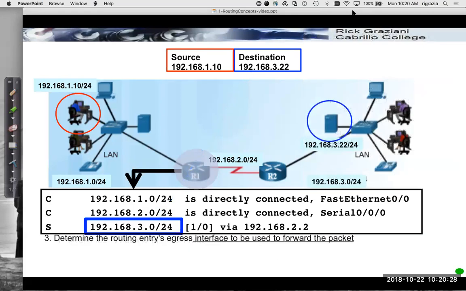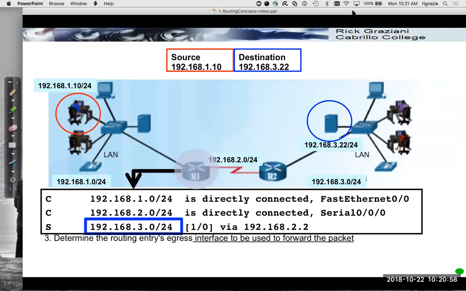Next, once the router, using the routing table, has determined the routing entry to be used, the router needs to determine the exit interface, because it has to forward this packet onto either the next hop router, or, if the destination address is on one of its directly connected networks, onto the destination itself.